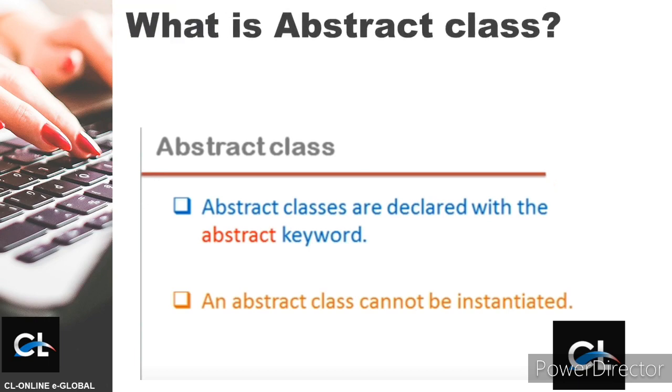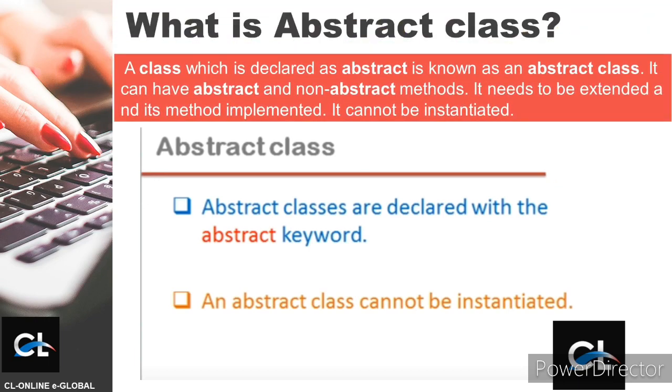A class which is declared with abstract keyword is known as abstract class. An abstract class is declared with abstract keyword. An abstract class cannot be instantiated.